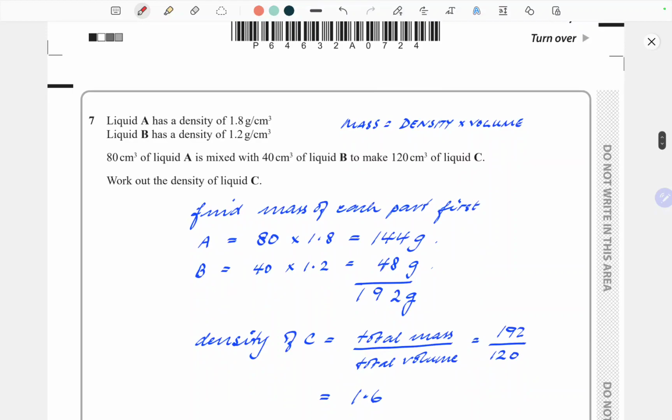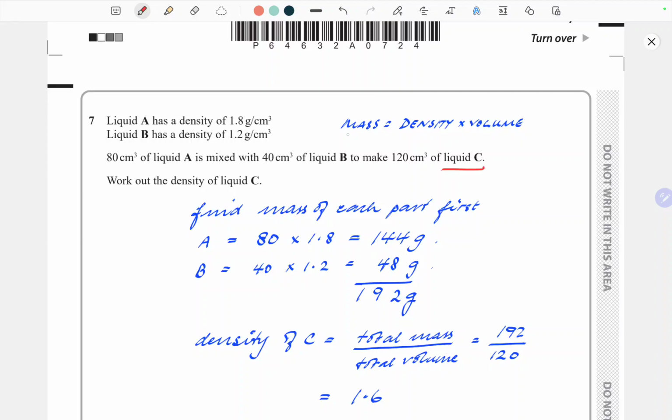Okay, number 7, you've got a couple of different liquids with different densities being mixed in a certain way to make a third liquid, which is the mixture, and you have to work out the overall density of liquid C, right?